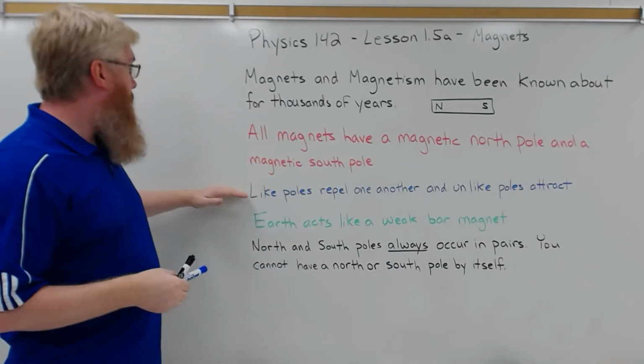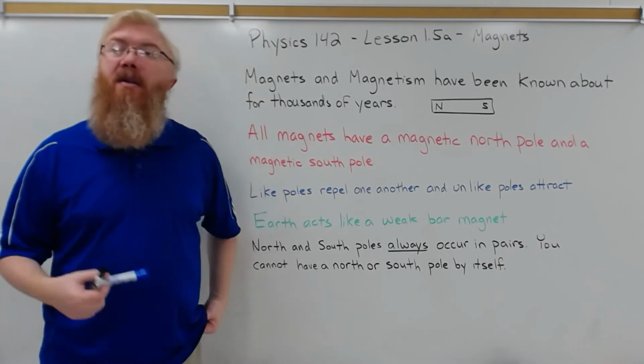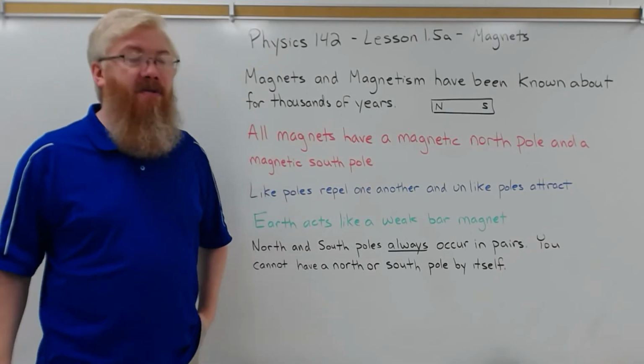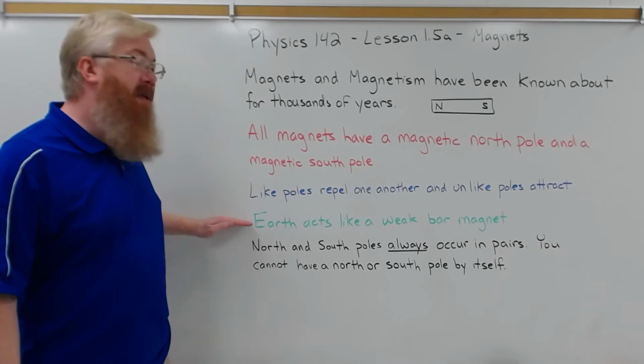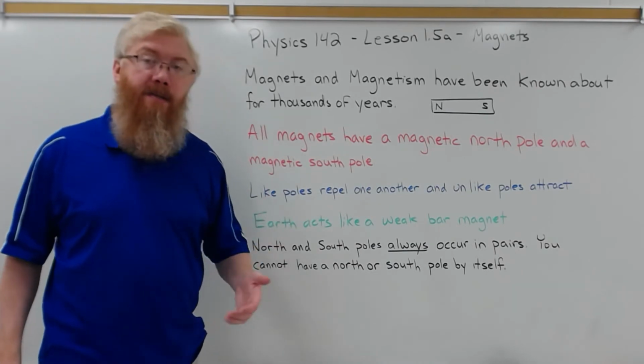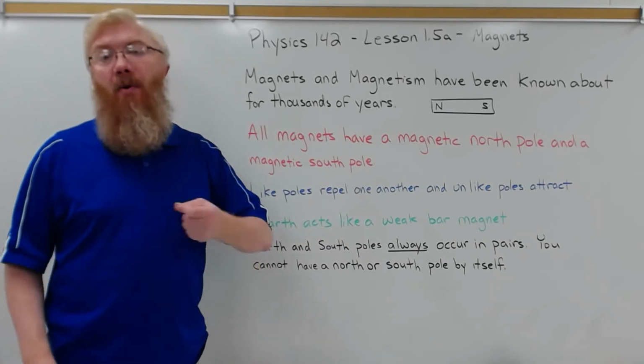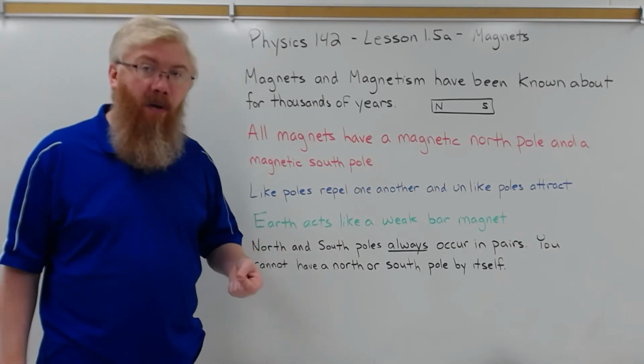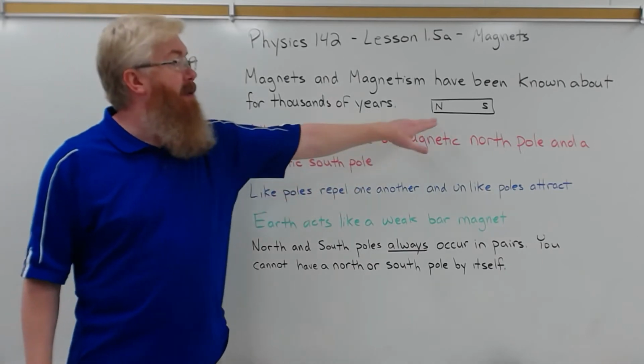Now, this attraction and repulsion is very useful, especially thousands of years ago, because the Earth itself acts like a giant bar magnet. We'll learn later why that is. But Earth has a north pole, Earth has a south pole. So we can use another magnet.